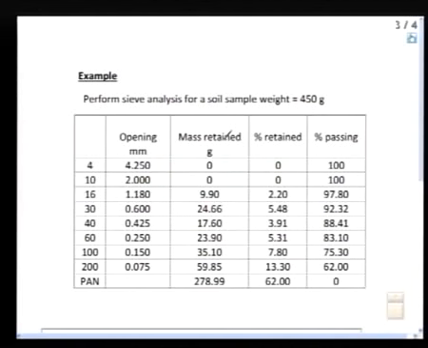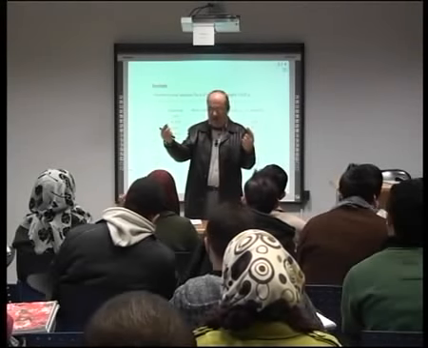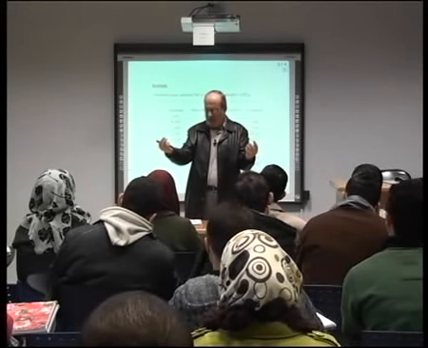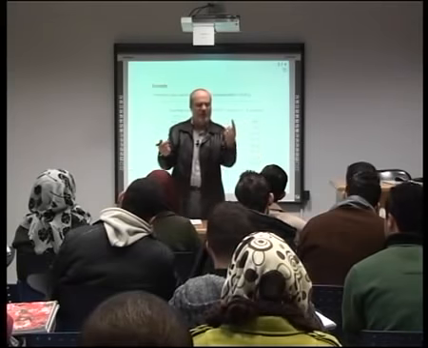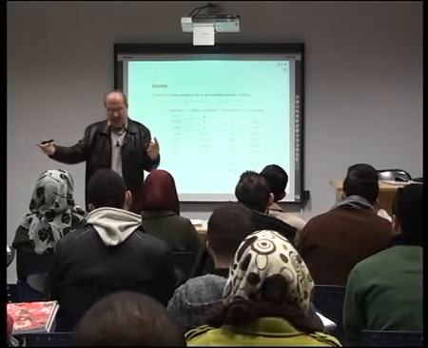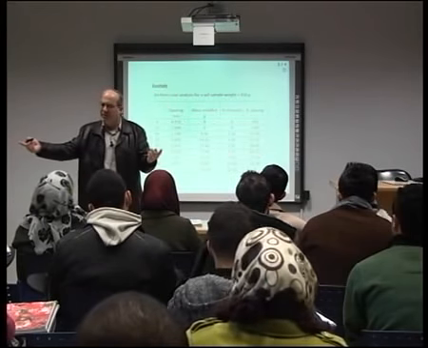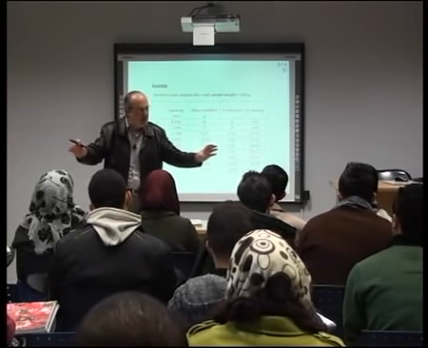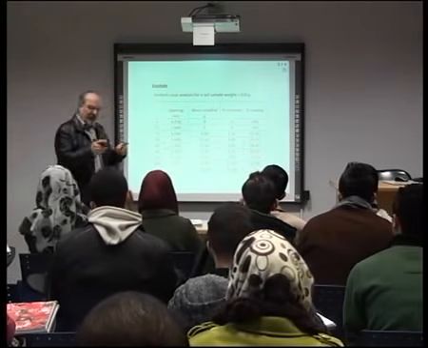Is it good? I have to have sieves between number 4 and number 200. So let us distribute them equally, right? For example, number 4, number 40, number 80, number 120, 160, 200. Good intervals, right?